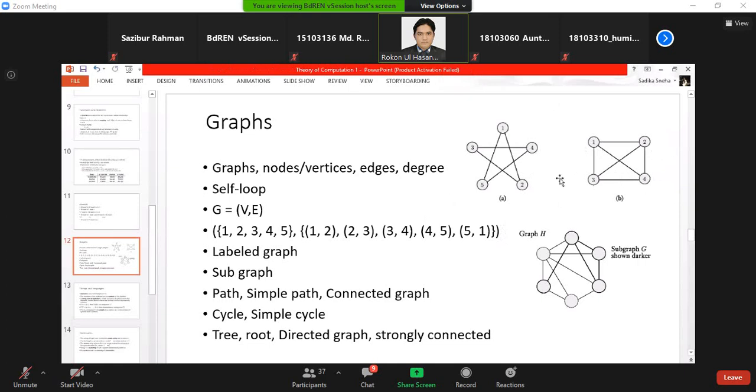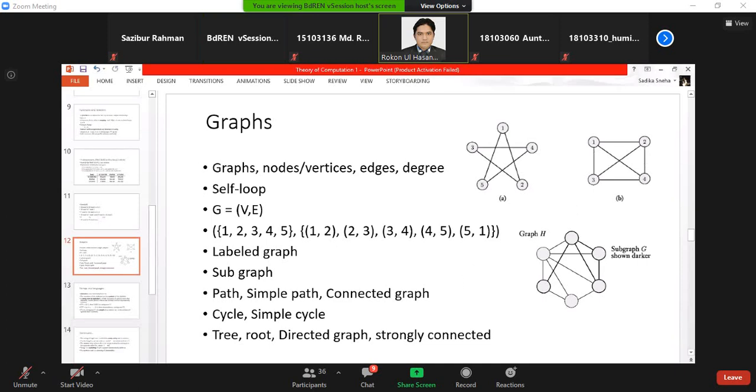So there are 4 vertices and 6 edges: 1 2, 2 4, 4 3, 3 1, and 1 4. And you can write 2 3 or 3 2, any one of them.